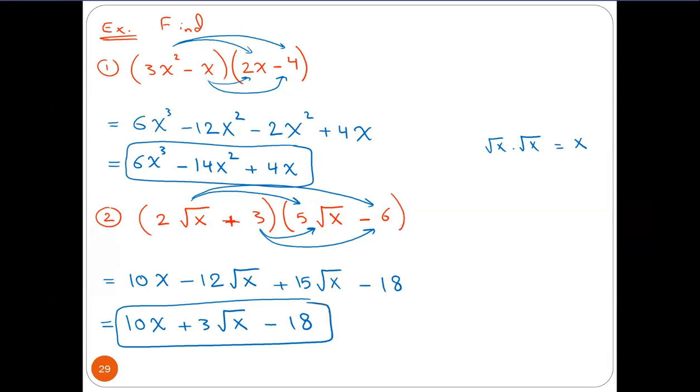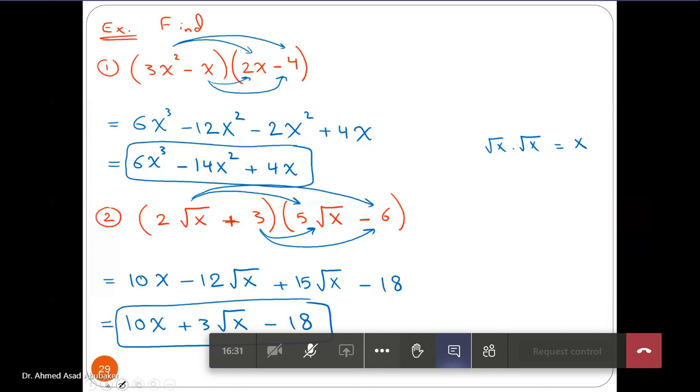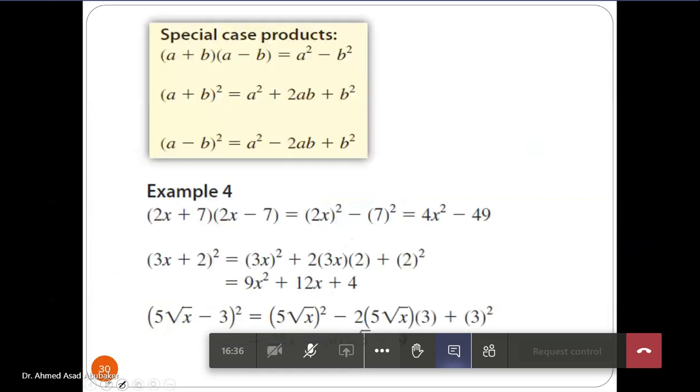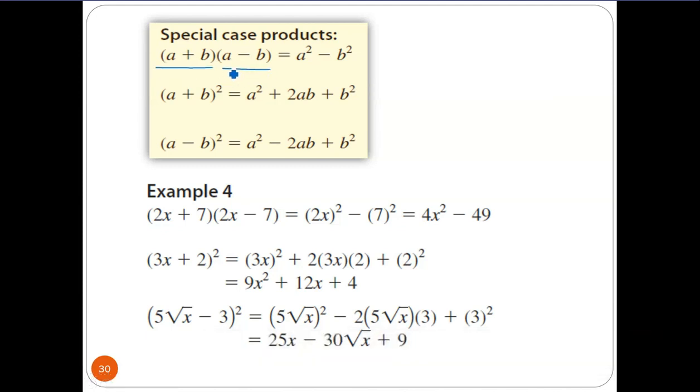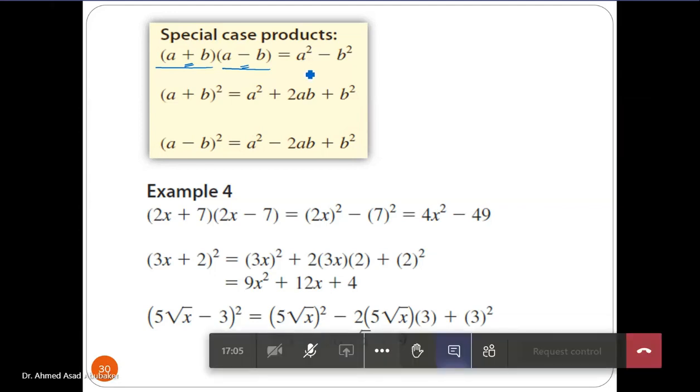Okay, any question? Now, we have special cases in a product. For example, sometimes we multiply two brackets with the same first term and the same second term, but one positive and one negative. The only difference is addition or subtraction. Here we can do it directly: the first square minus the second square.